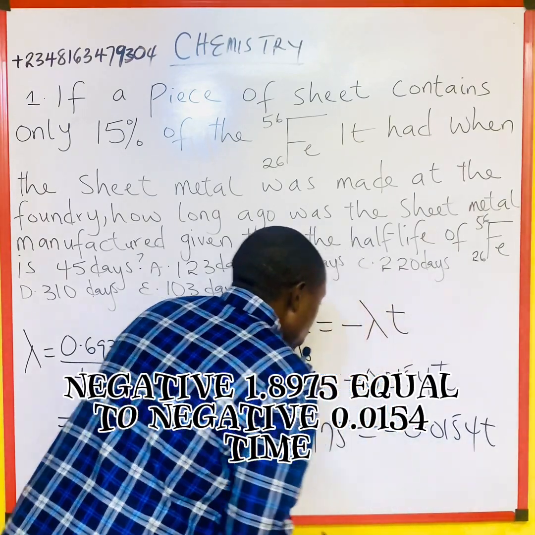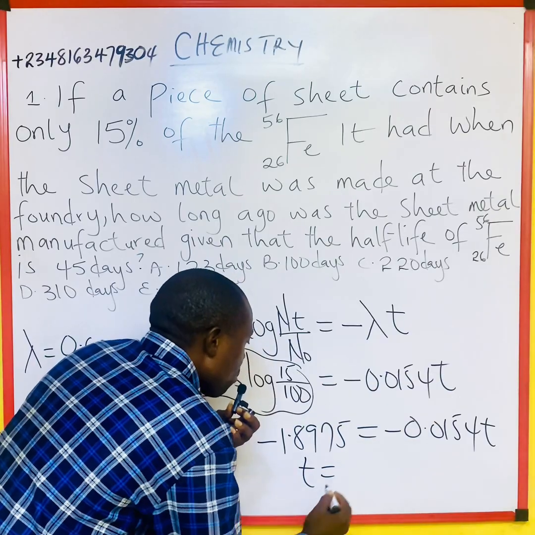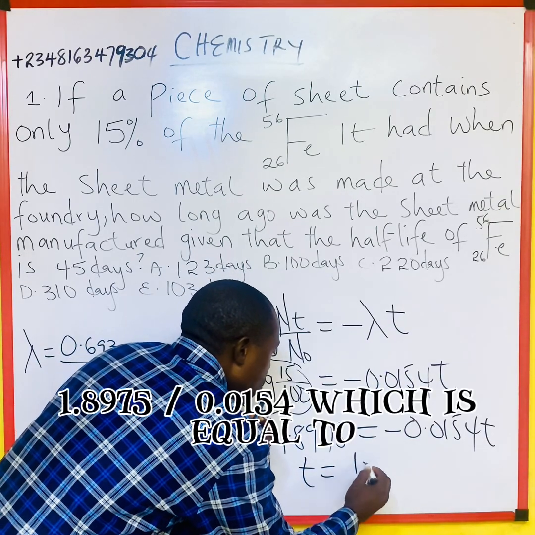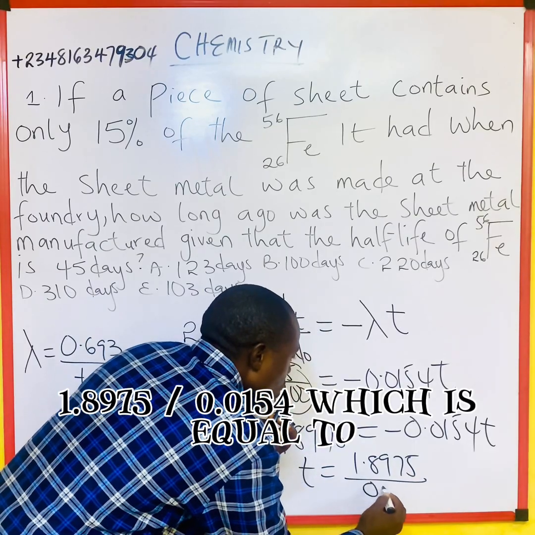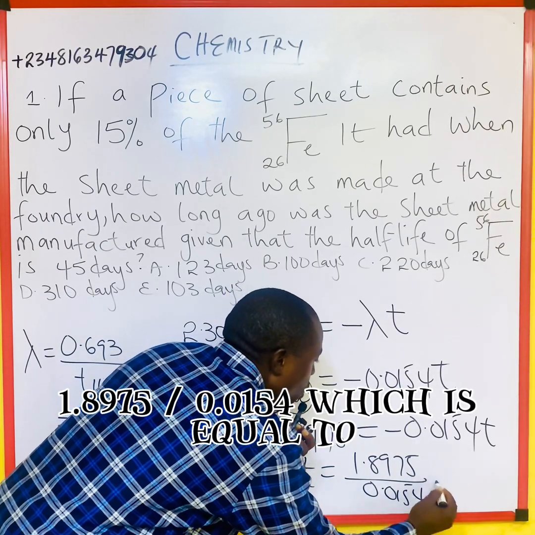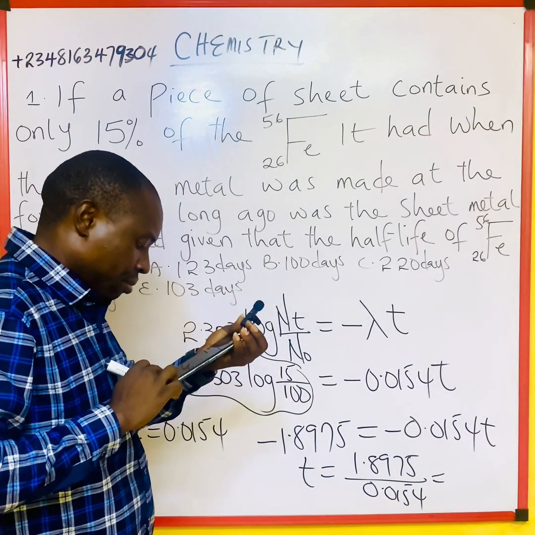So if I'm looking for my time, it is now equal to 1.8975 divided by 0.0154, which is equal to, so let me divide.